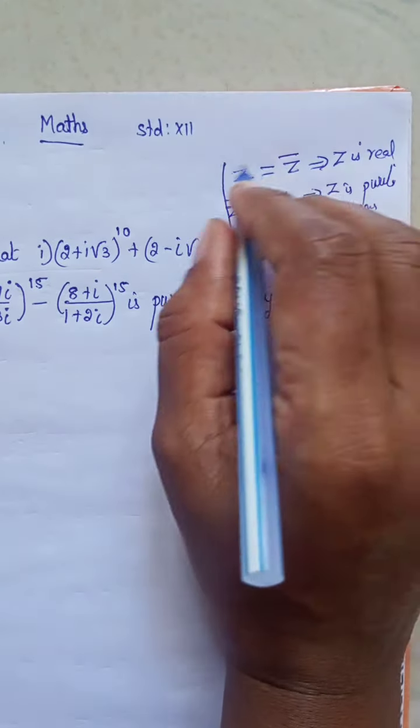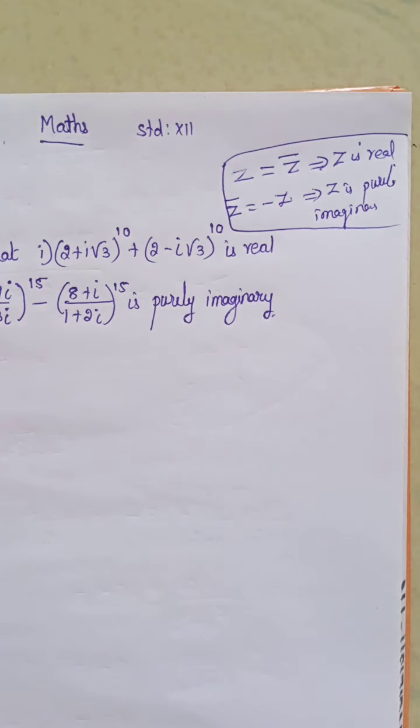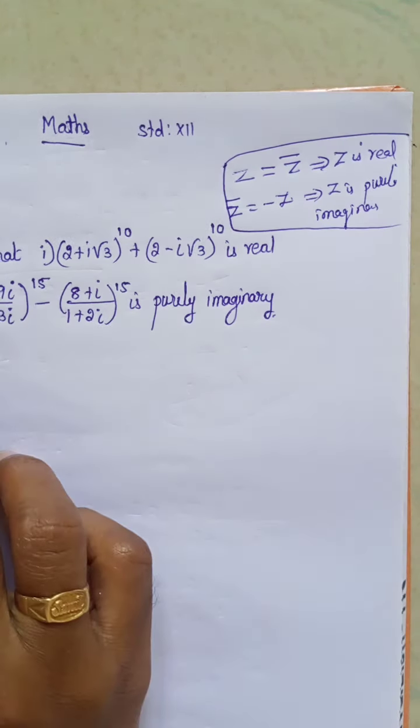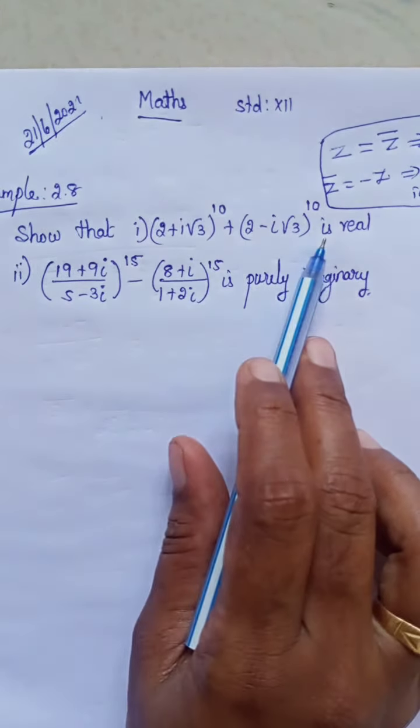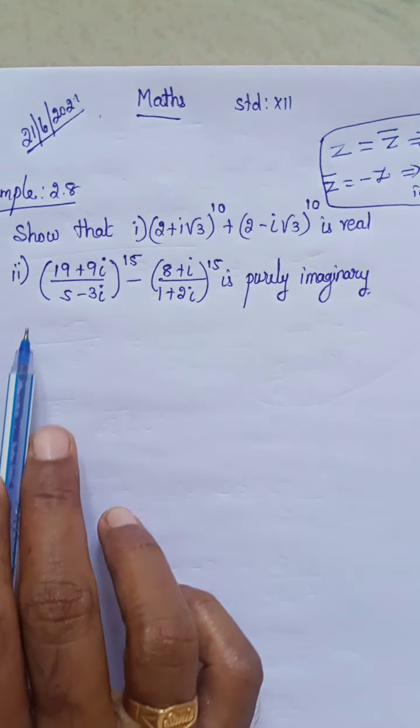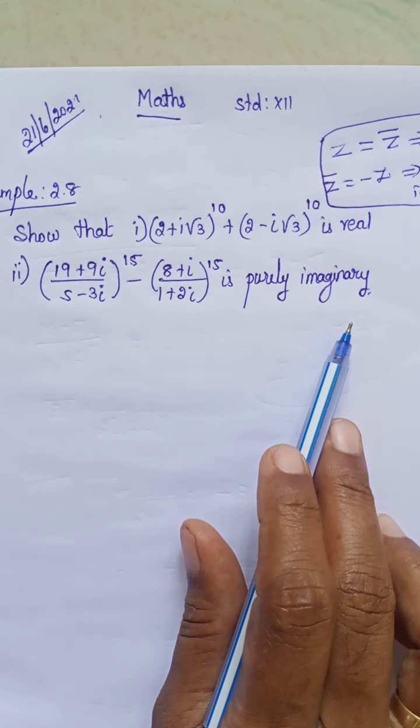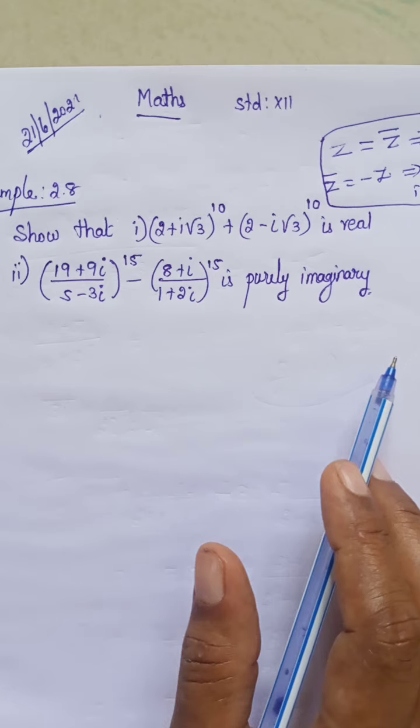Z equal to Z bar means Z is real, and Z bar equal to minus Z means Z is purely imaginary. So here in example 2.8, they have asked us to prove in subdivision 1 that the expression is real, and in subdivision 2 that it is purely imaginary.